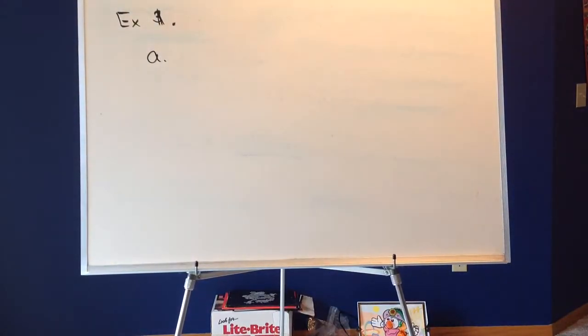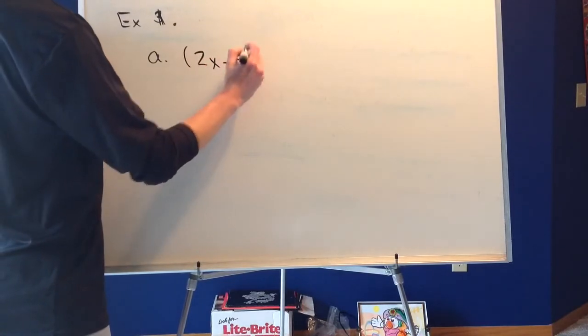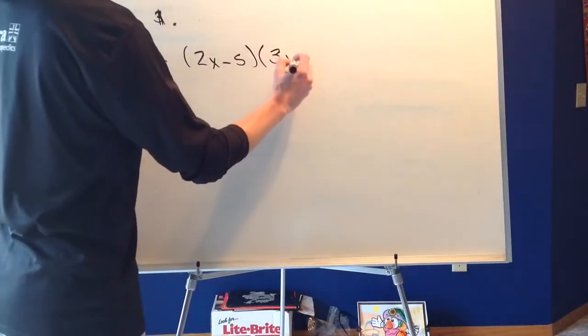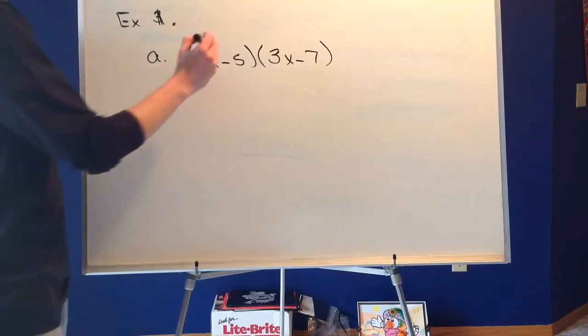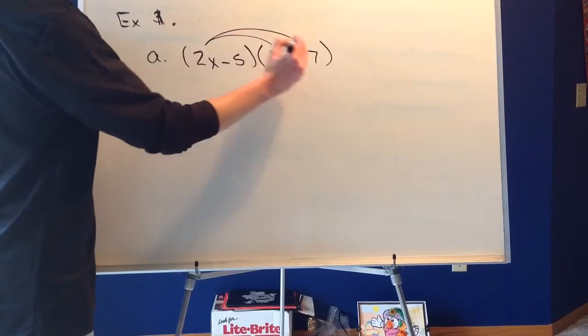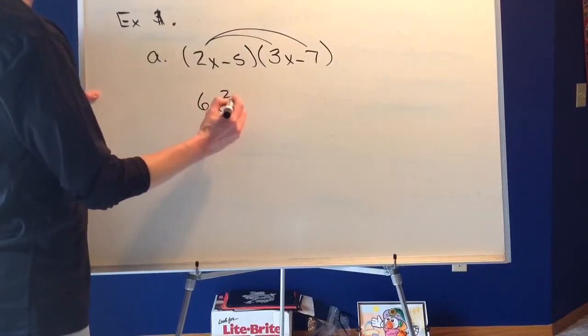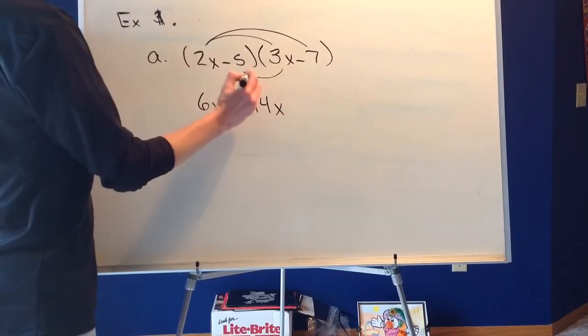Next one we've got is 2x minus 5 times 3x minus 7. We'll go ahead and do the same thing. We'll distribute the first term to both of those. So we'll end up with 6x squared minus 14x. And then we'll distribute the negative 5.